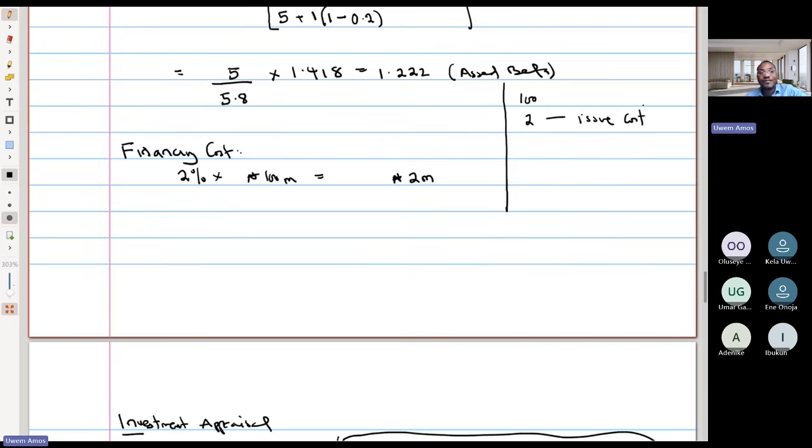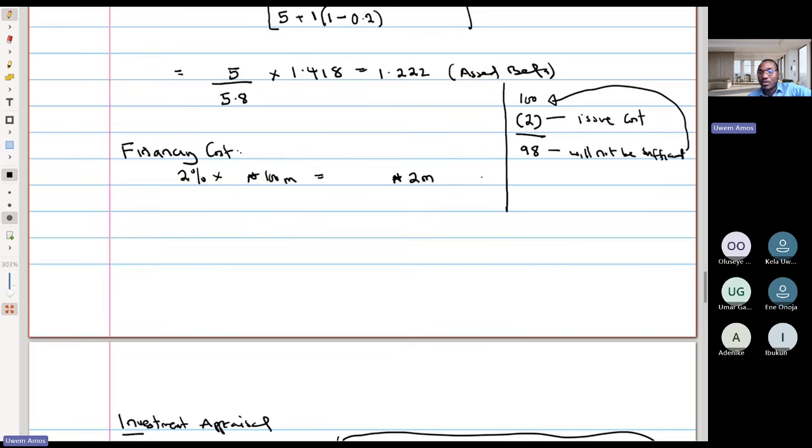Now, if you don't have this issue cost saved anywhere, you cannot borrow 100 million on the dot. The reason is because if you borrow 100 million on the dot and you have to pay 2 million, how much will you have left? 98. And this 98 will not be sufficient, because what you need for your project is 100 million. So because of that, you have to borrow an amount that includes the issue cost.